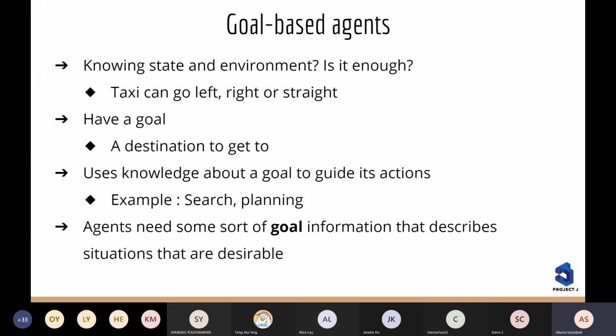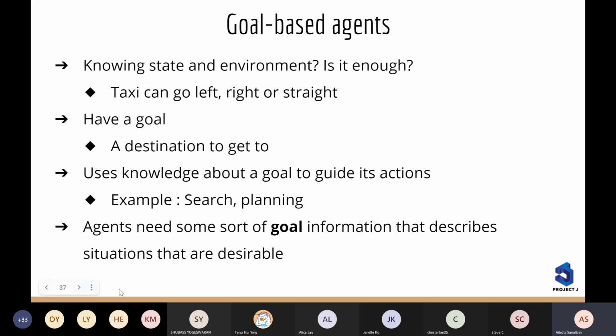It uses this information about a goal to guide its actions, and it analyzes how far it is from its goal. It has to do a lot of planning and searching ahead, and it has to consider all the possible actions to take in order to guide its actions.